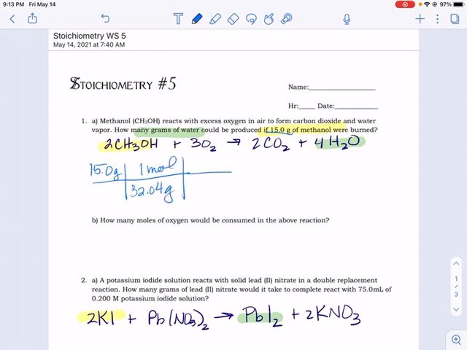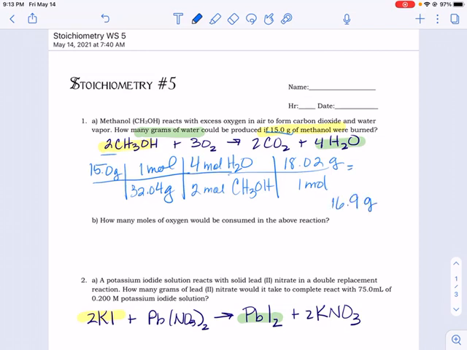The ratio of methanol to water is 2 moles of methanol will react and form 4 moles of water. And it's asking for grams of water. The molar mass of water is 18.02 grams in 1 mole. And I got 16.9 grams of water formed.